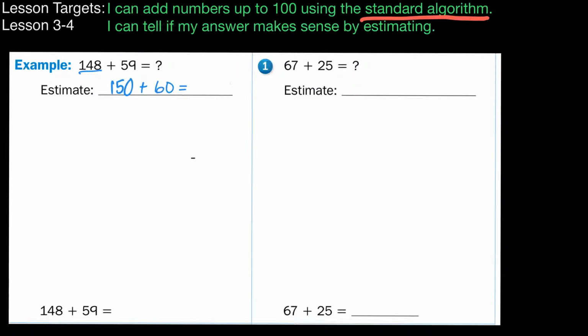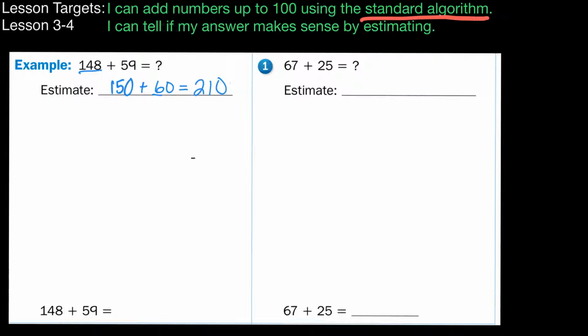I'm just going to count up on my 10s 6 times because I have 6 10s in 60. So 150, 160, 170, 180, 190, 200, 210. 210. So remember, this estimate is here to be able to tell if our answer makes sense. So if our answer is not around 210, then something's wrong, so we've got to fix it.